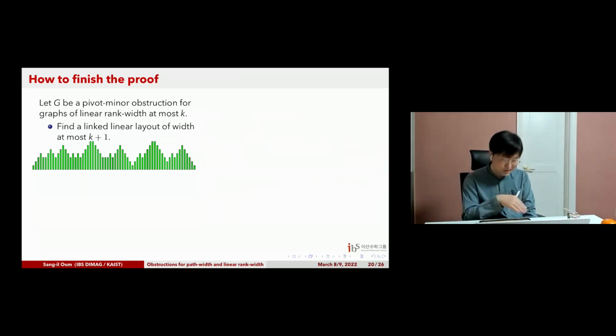So I draw these green bars to represent the width of each cut. The first cut's width is small, and the second cut's width is slightly bigger, maybe this is 0, 1, 2, 3, etc. Each of the bars represents the width of the cut.